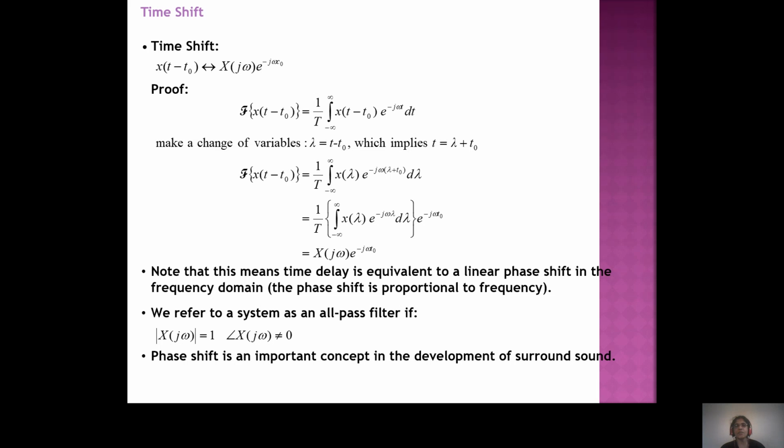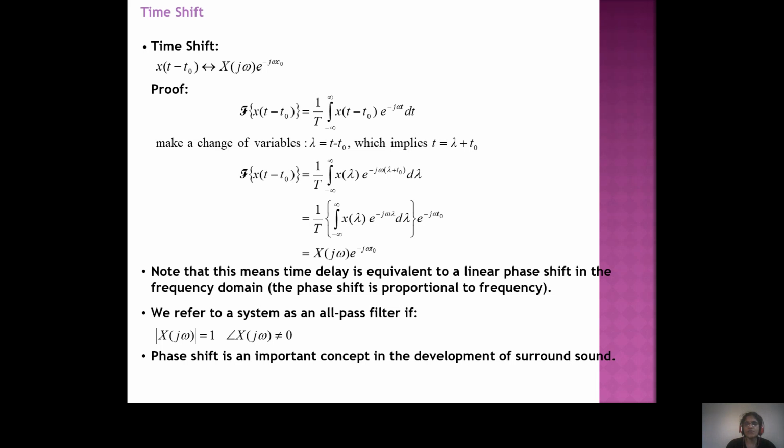So 1 by T integral from minus infinity to infinity of x(lambda) e power minus j omega lambda d lambda, times e power minus j omega t naught. So we get the value; the total equation comes to X(j omega) e power minus j omega t naught. Note that this means that time delay is equivalent to a linear phase shift in the frequency domain.